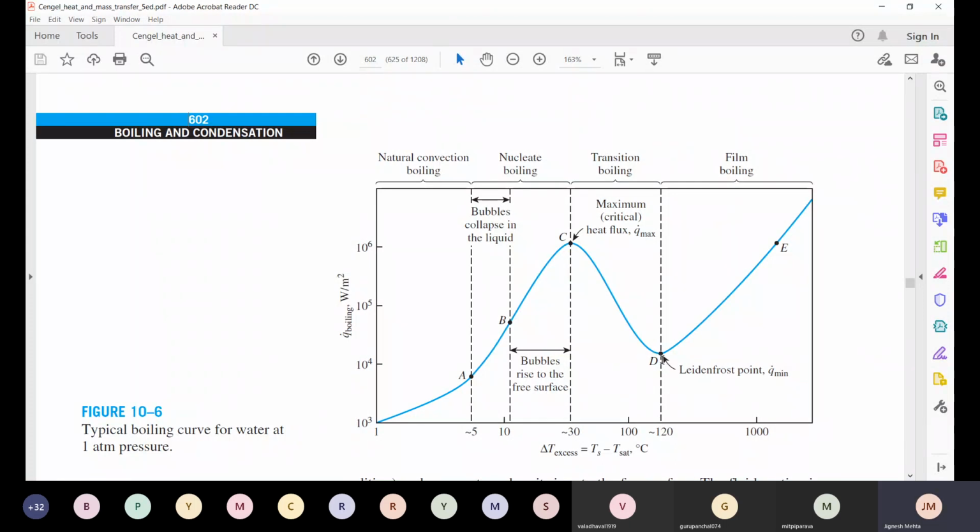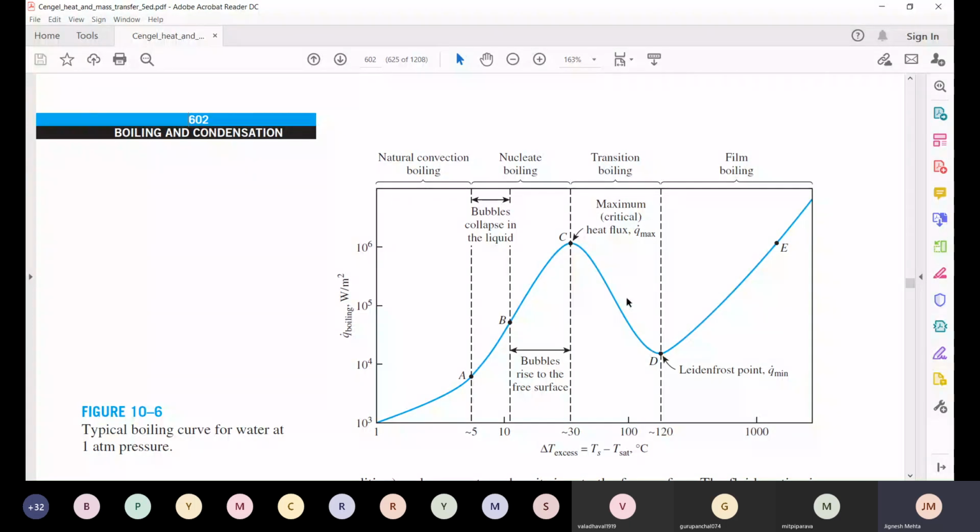Then if you reduce the heat flux further, it is not going to move like this for the cooling curve. It will jump directly from D to the point between A and B. And then if you further decrease the heat flux, you will see that the temperature is further decreasing. So there will be a jump in temperature. If you do the heat flux controlled experiment, you won't get the full curve.